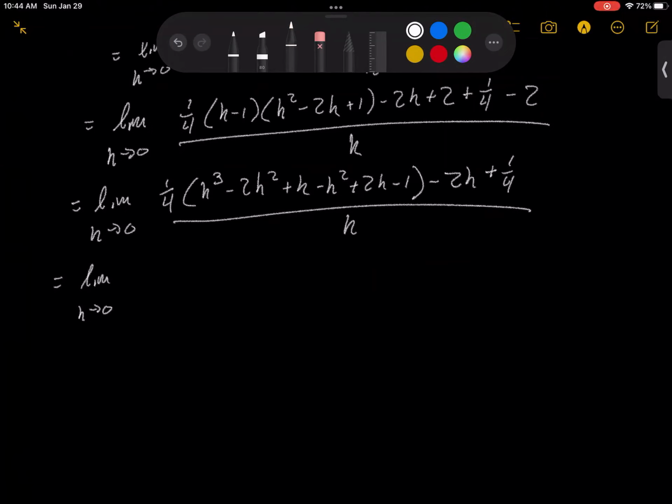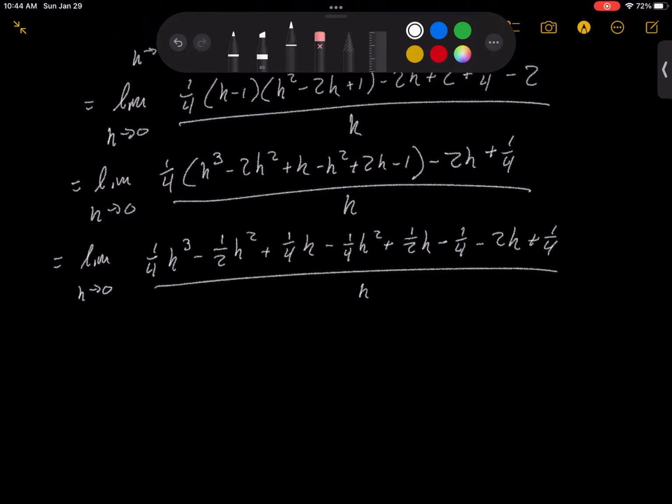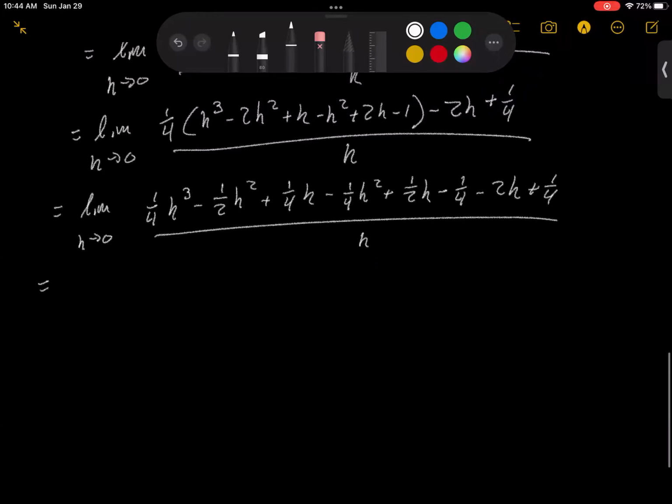Right, and always copy down that limit sign until you're ready to take it. Let's send the 1/4 through. So we have 1/4 h cubed minus 1/2 h squared plus 1/4 h minus 1/4 h squared plus 1/2 h minus 1/4 minus 2h plus 1/4. And you could have simplified your parentheses before you sent the 1/4 through. That might have been a little bit easier.